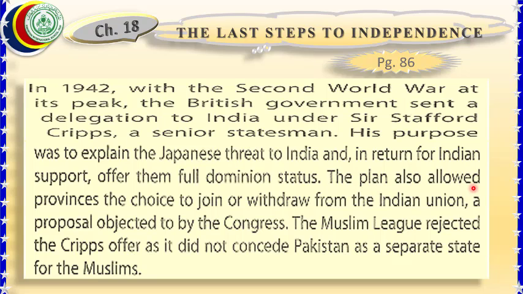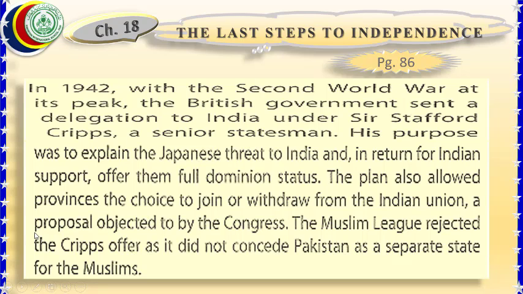The plan also allowed provinces the choice to join or withdraw from the Indian Union, a proposal rejected by the Congress. The Muslim League rejected the Cripps offer as it didn't concede Pakistan as a separate state for the Muslims.